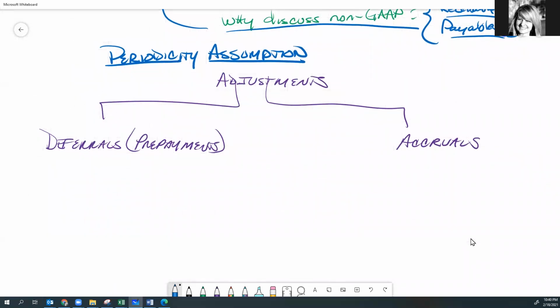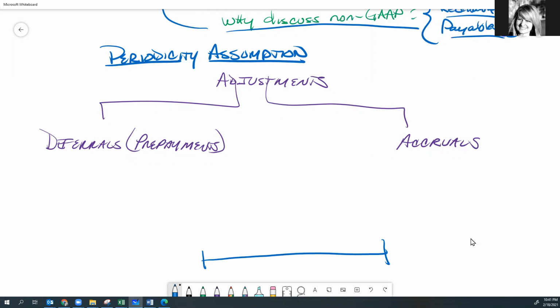We came from some chapters where we talked about the accounting cycle, and we identified transactions and recorded them. And then we posted them, and then we prepared a trial balance. And our period assumption says this: we can take the infinite, continuous life of a business entity and divide it into periods.